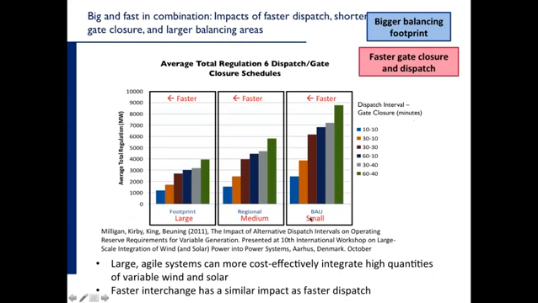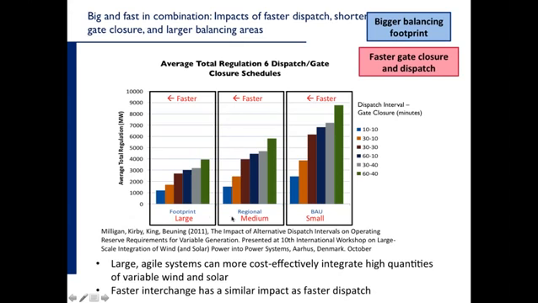And you can see that here. We have lots of small balancing areas, a few medium-sized balancing areas, and one gigantically large balancing area. And within each size, we calculated the impact of the dispatch interval, which is the first number here, and the gate closure.